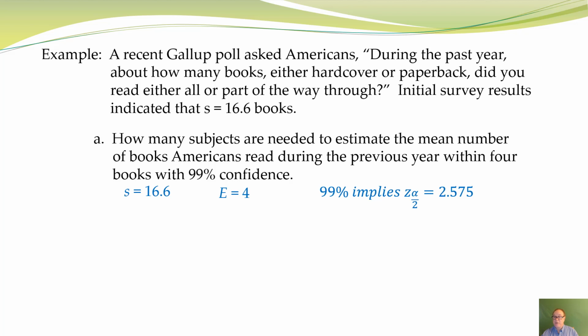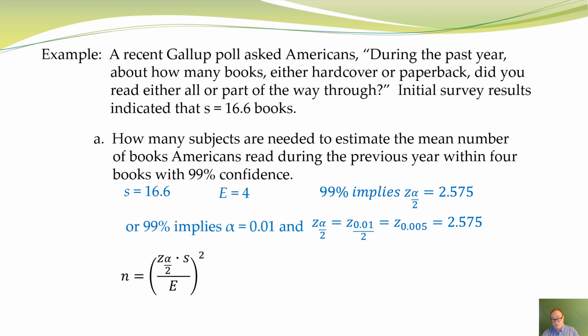And again, you can get that from the bottom of the standard normal distribution table, or you can use the normal calculator with 0.005 being the area to the right. The formula, N is critical z-value times S divided by E, quantity squared. So it's 2.575 times 16.6, quantity squared, divided by 4, quantity squared, which you could run through your calculator. You would get this answer, which rounds up to 115.